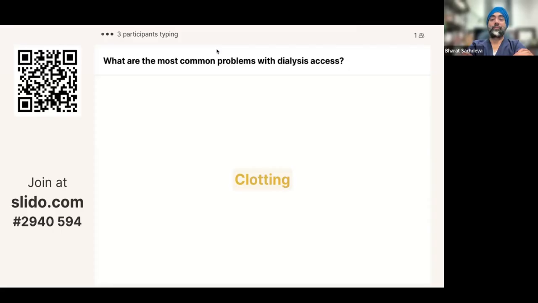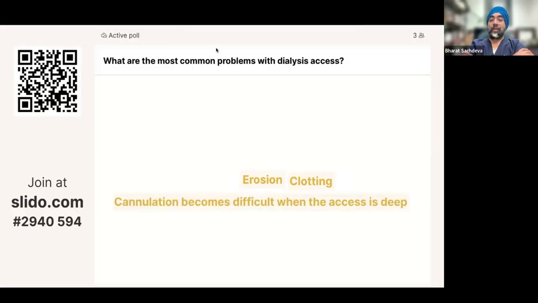So scan the QR code and see if you would put in. Clotting, erosion, that would be scarring or swelling on the fistula or the graft surface. Cannulation becomes difficult when the access is deep.